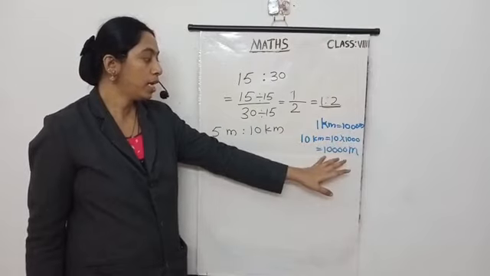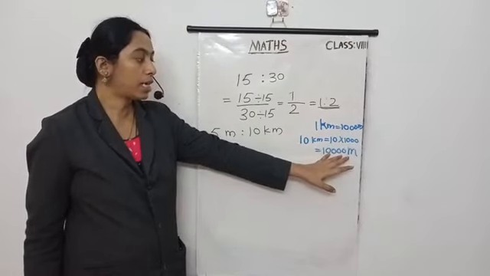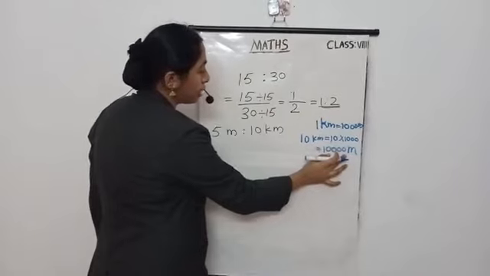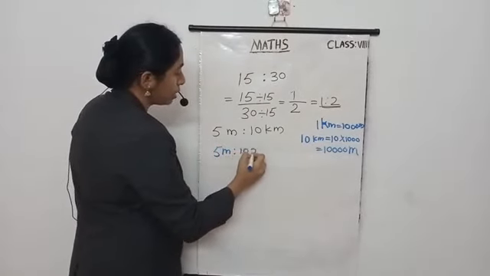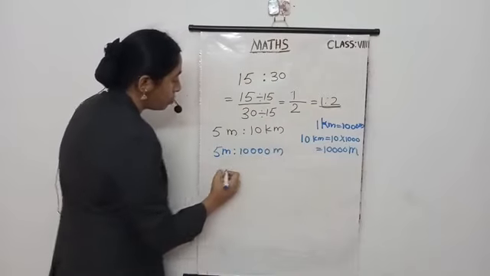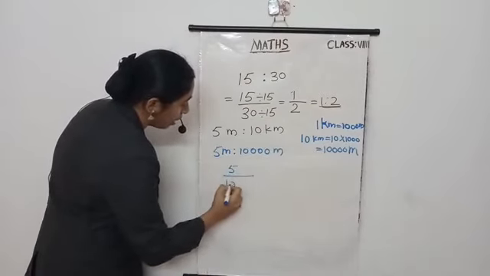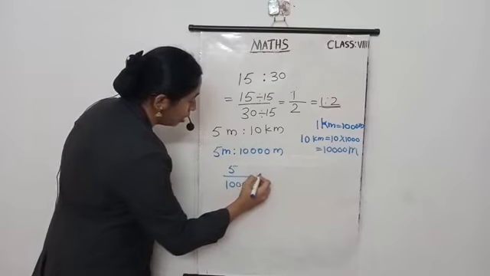Multiply with 1000, then we get 10,000 meter. Now substitute this here. So this is 5 meter is to 10,000 meter. Now write in fraction, 5 by 10,000.